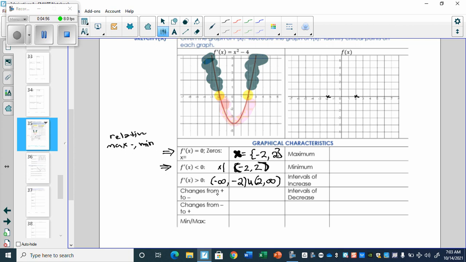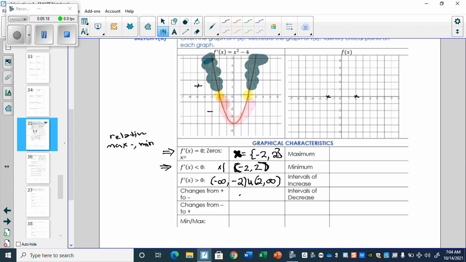Now, where does it change from positive to negative? The y values change from positive to negative right here after they pass -2.